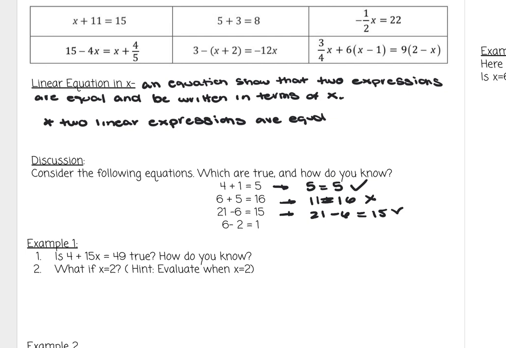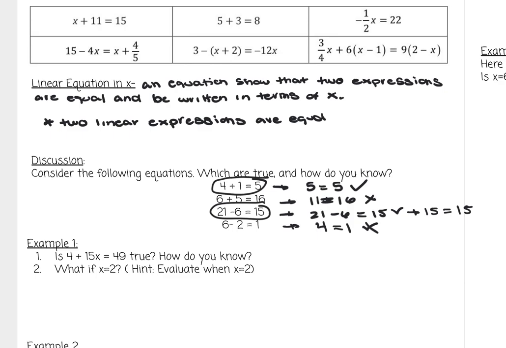And then we have 6 minus 2, which is going to give us 4 equal to 1, which is not true. So the first and the third one are true because they are equal. For this one, I accidentally wrote the expression again. So we have 15 is equal to 15. Similar to yesterday, how we took our value for x and plugged it back in, or replaced it with our value to see if our equation held true.